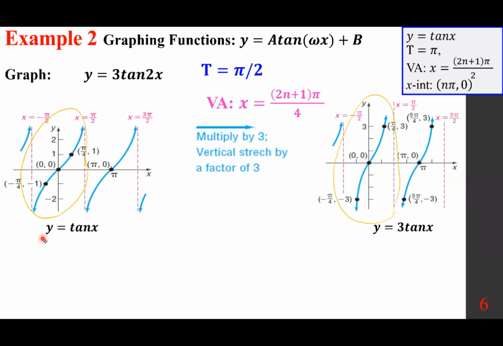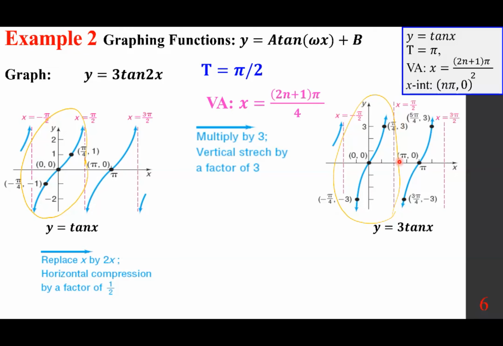We are going to now replace the x with 2x, and the result is that there is a horizontal compression by a factor of 1/2. And so in short, if you look at this one, which was x equals negative pi over 2, now it's negative pi over 4, and this one, which was pi over 2, is pi over 4.